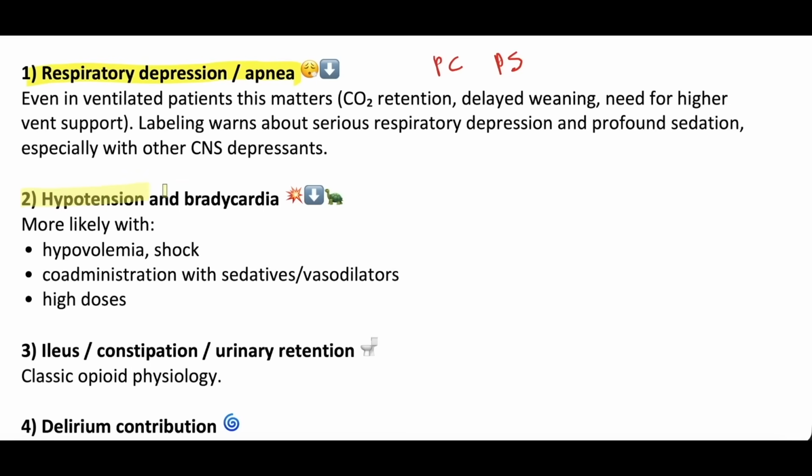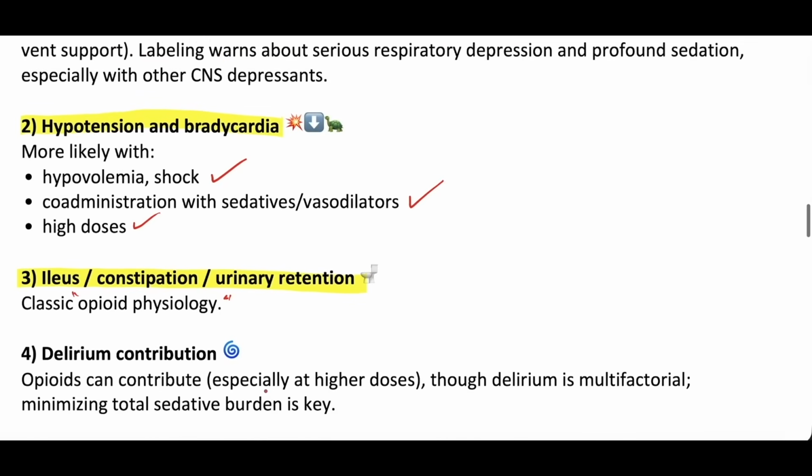Hypotension and bradycardia. We talked about fentanyl is not as classic for causing hypotension and bradycardia, but it can, especially at high doses, especially in patients who are under resuscitated, and especially if there's co-administration with other sedatives. A bigger thing that we think about is ileus, constipation and urinary retention, classic kind of opioid adverse effects, so that should be something you're very thoughtful about.